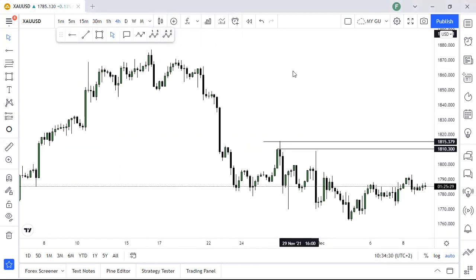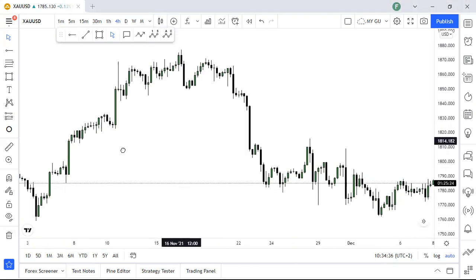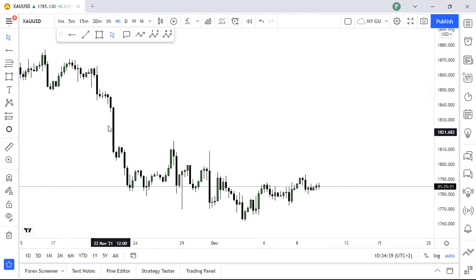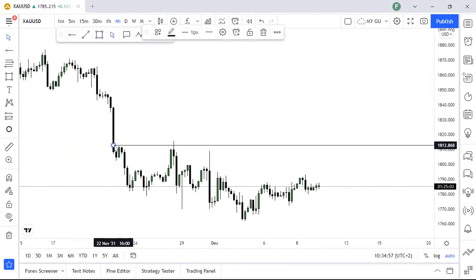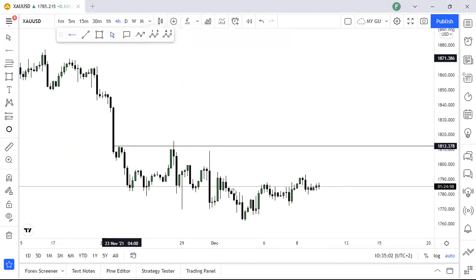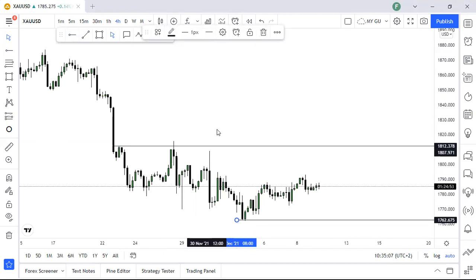Let's say you're drawing your analysis around this area, and let's just concentrate on where price is at. We are saying we have a high right here that price rejected, and then we have a low that was created right here. So this is our range.